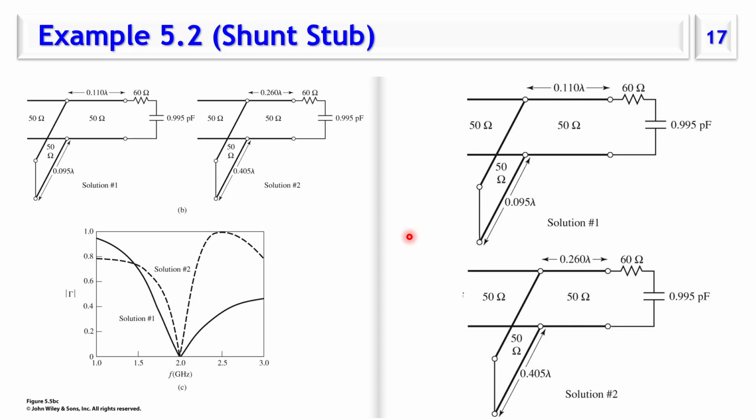So for the first solution, we are that length away from the load, and the length of this stub is 0.095 lambda. This is solution number 1, and again this is short circuit.